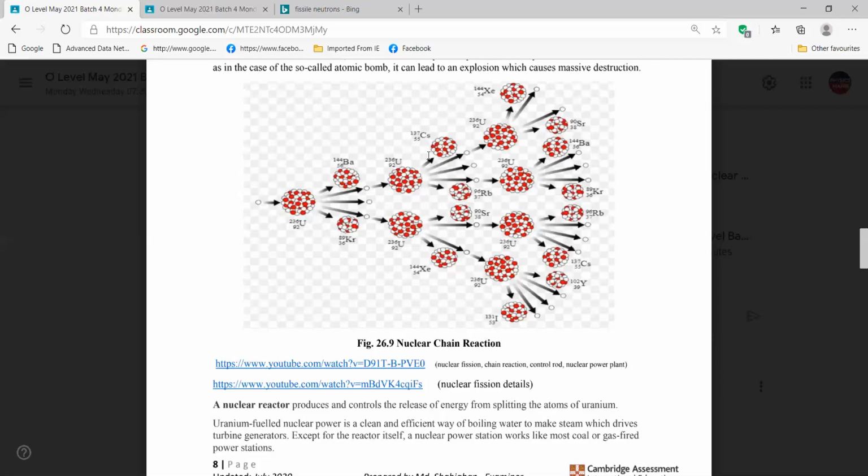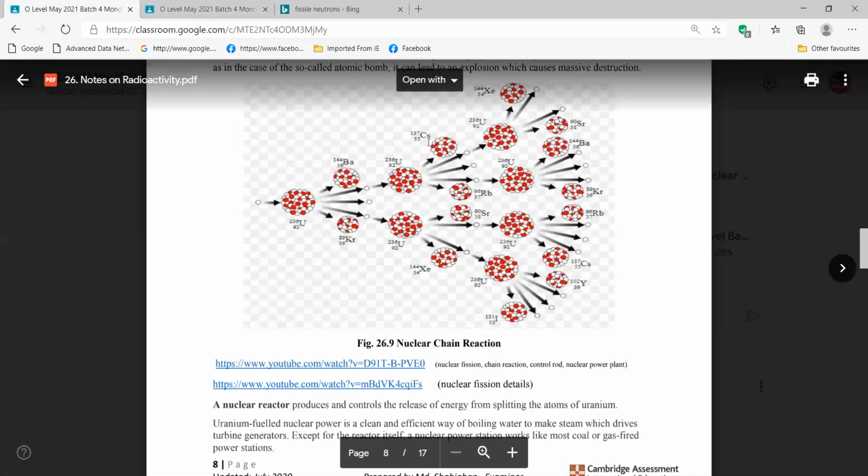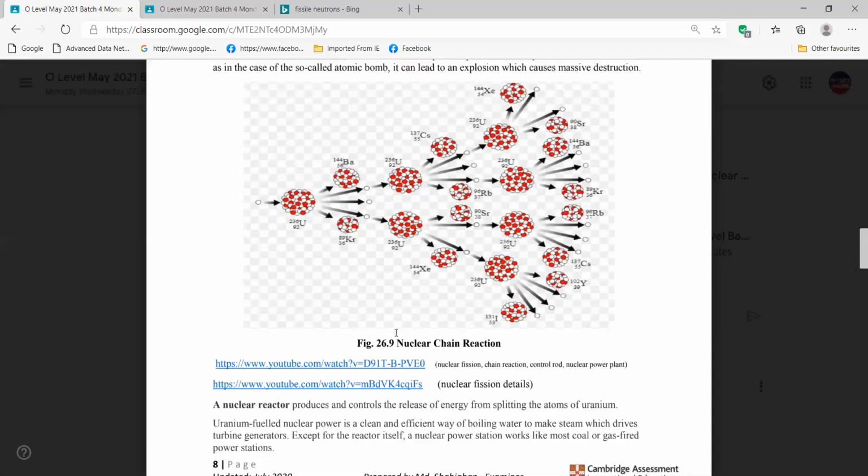Many things we are considering over there, not only a single parameter. So what we are going to discuss now is this uncontrolled chain reaction: how can we control it?